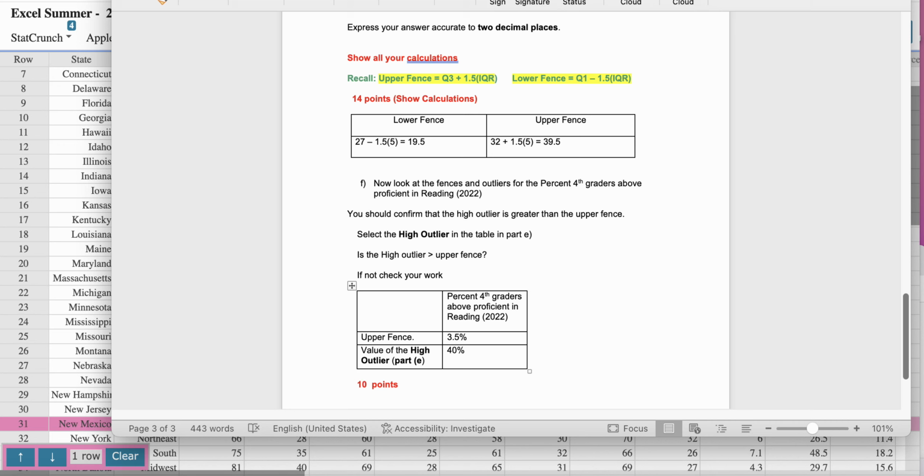Yes, 40 is slightly above 39.5. Okay, the high outlier is 40.